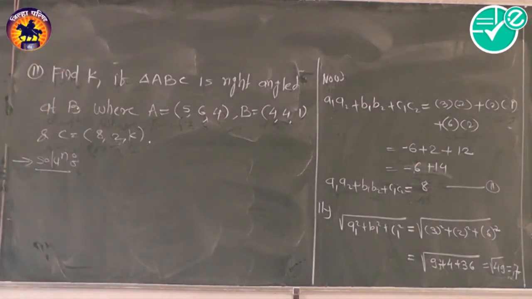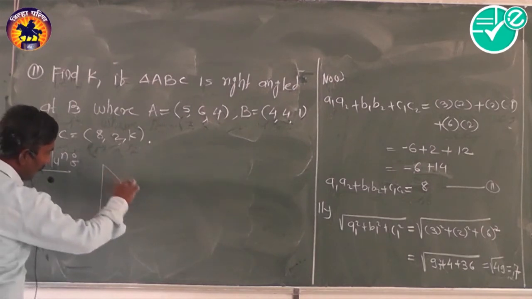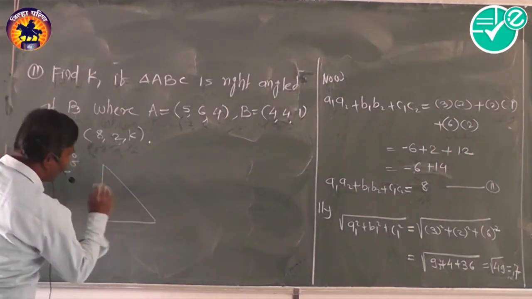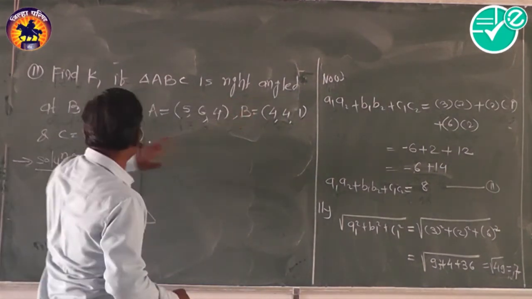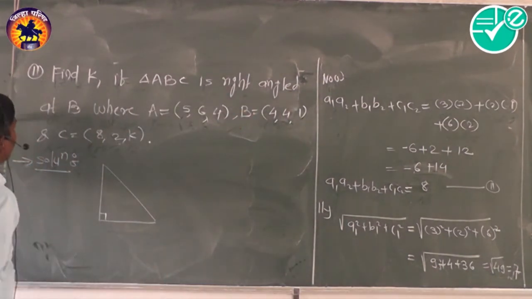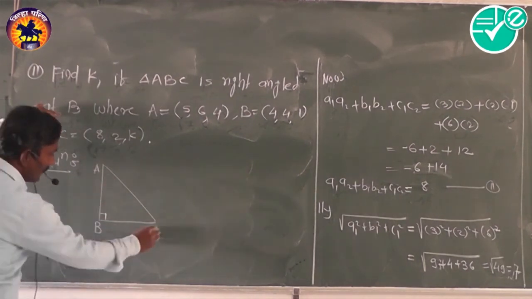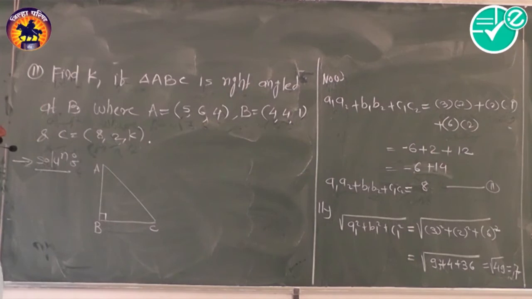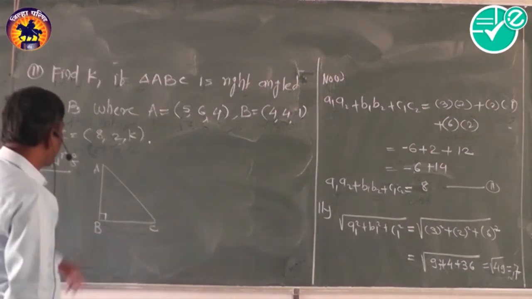So we first draw the figure. Here we are given a triangle ABC. Triangle ABC is a right angle triangle at B, and A, B, C are the coordinates of the points.